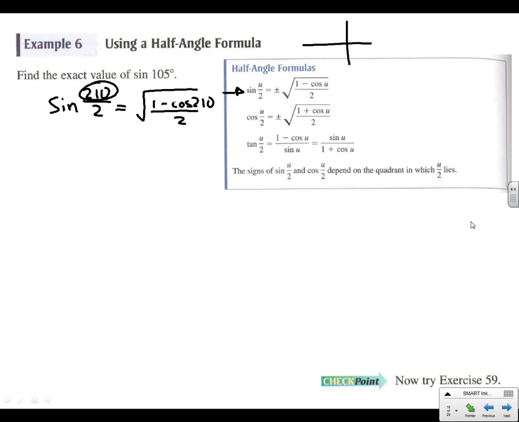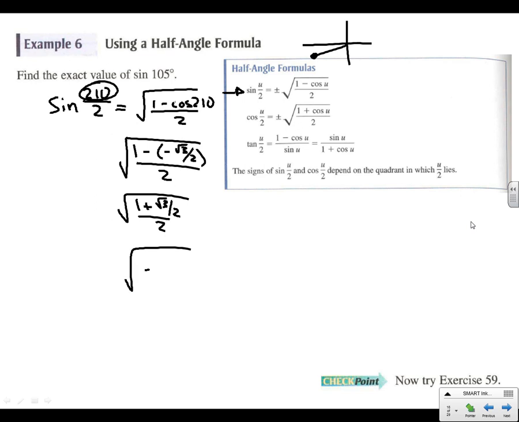210 is right here. The cosine of that is going to be negative root 3 over 2, all over 2. So this is 1 plus root 3 over 2, all over 2. All right, so let's be careful with our fractions here. 2 over 2 is 4, so we're going to need 4 as our denominator.